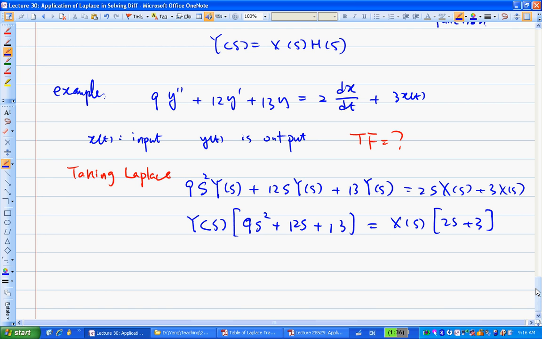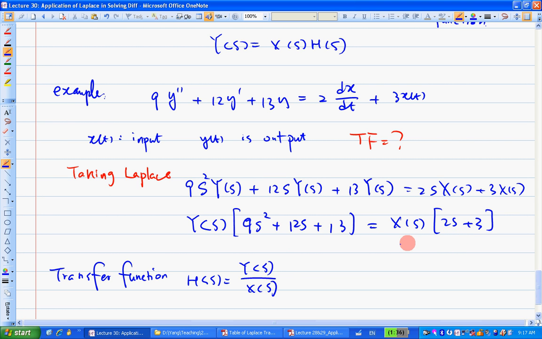The transfer function is H of s equal to Y of s over X of s. So here is what we obtained based on the system after taking the Laplace transform.